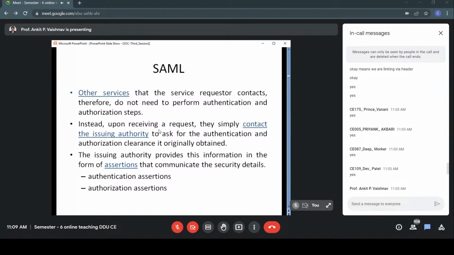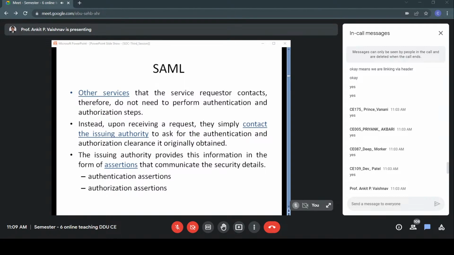Now see what the other service will actually do. Upon receiving a request from the requester, they will simply contact the issuing authority to ask for authentication and authorization clearance. So it is like this. I'll give you a concrete example. Suppose you have an invoice service. Invoice is sending the message to accounts.